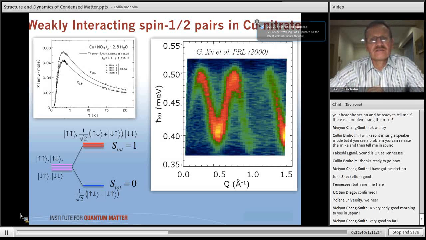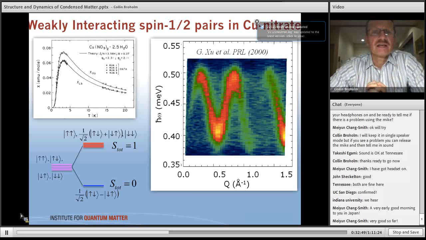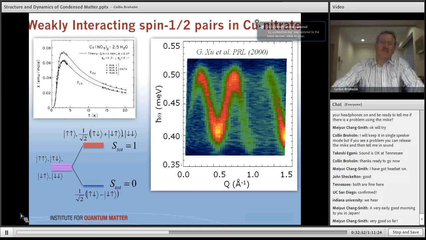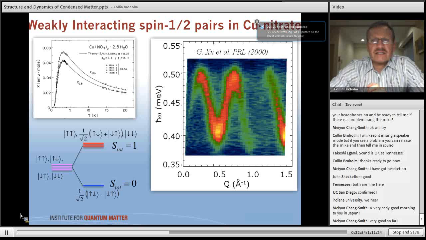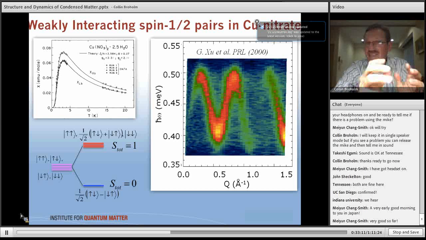Of course, the materials will vary, but I'm trying to illustrate certain features, and so I'm picking some relatively simple problems to talk about here. And the first material is copper nitrate. And this is a structure in which you have pairs of copper spin 1/2 degrees of freedom which interact antiferromagnetically. And these pairs are essentially decoupled from each other, but not entirely.